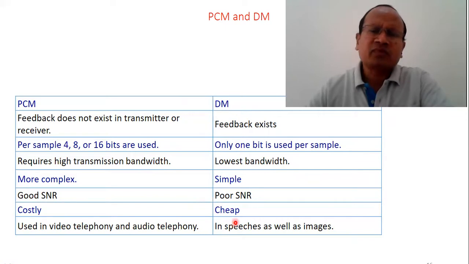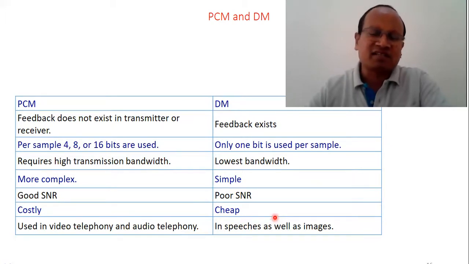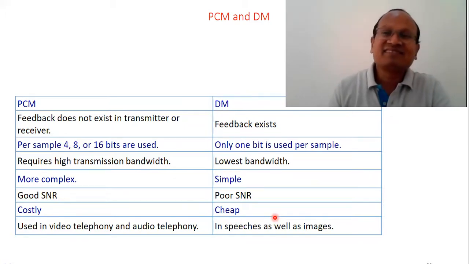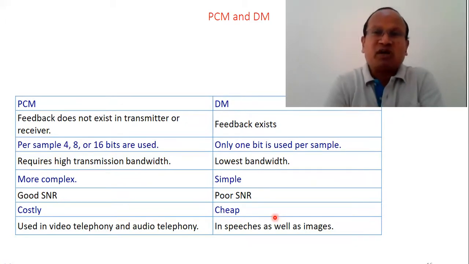Delta modulation is used in speech, voice signals, as well as images. And what is interesting in delta modulation is that it is used in compression of signals. When are we interested to compress? We want to save the data, save bandwidth, and save the total space required.